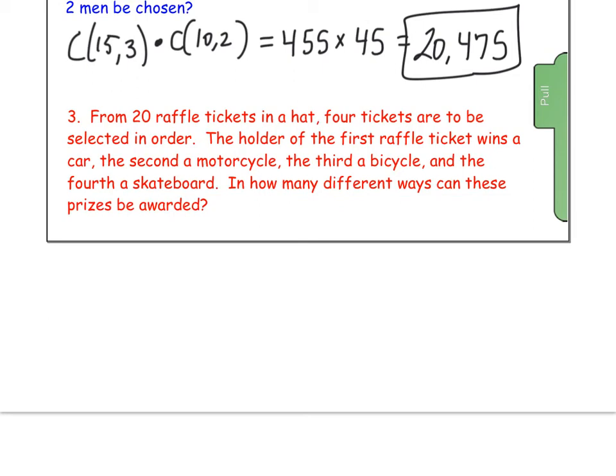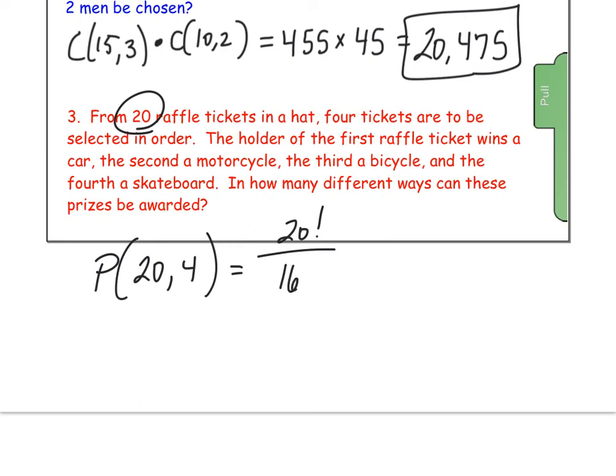So let's go through this. Of 20 raffle tickets, permutation of the 20, we are choosing 4 winners. My permutation formula says to take n factorial, put it on the top, and divide it by the difference of n and r factorial. 20 minus 4 is 16 factorial.